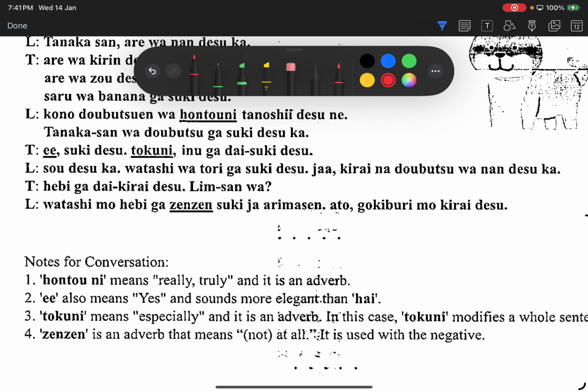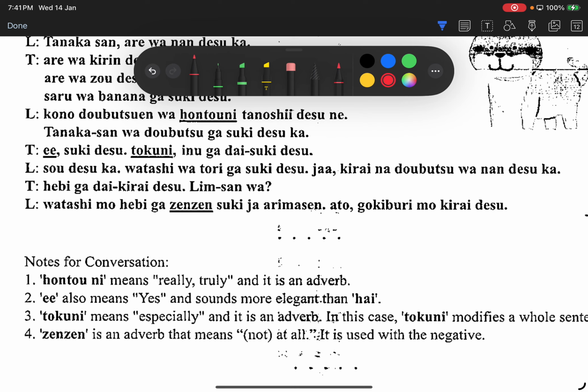So mo has the highest priority among all the particles. For example, if we want to say I also something, we change whatever particle there is to mo. We'll learn a lot more particles down the road, but whenever we want to say also, it will replace the particle in priority order.